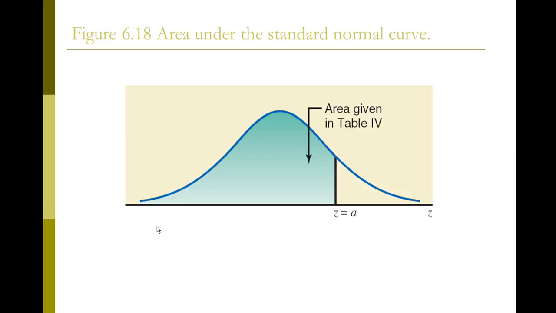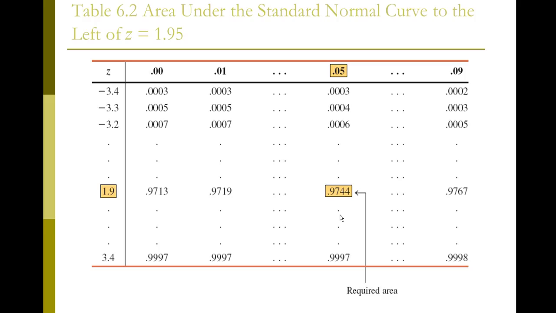So what you can do is, if you're talking about the standard normal curve and you want to find the area, you can use a table to figure it out. Now, for some questions, you don't actually need a table, right?